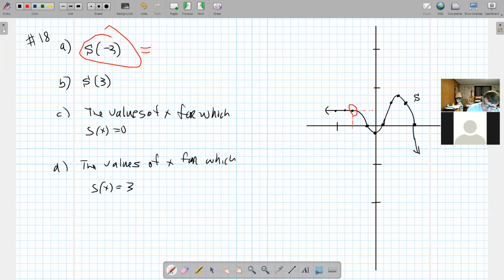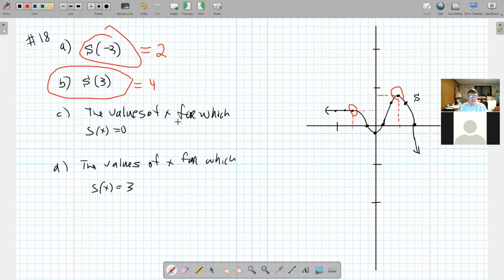Well, it's 2. You see that okay? Well, I hope so. All right. S of 3. When x is 3, what's the y value that corresponds to that? 4.